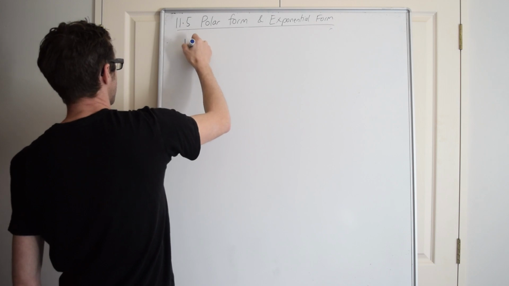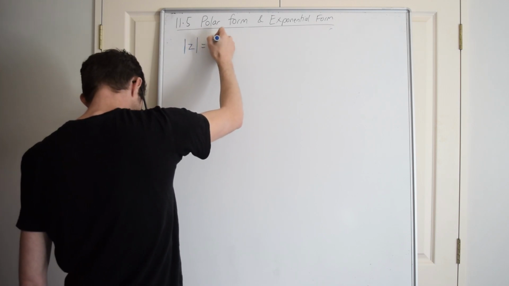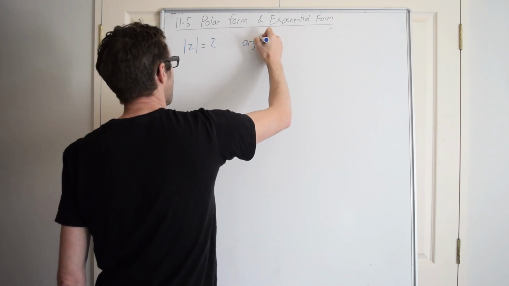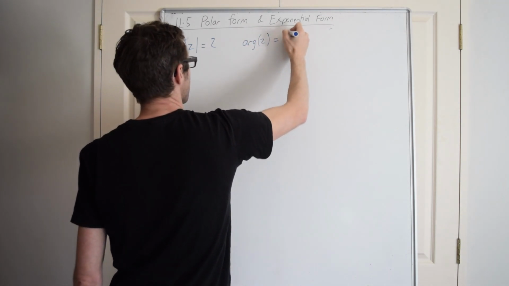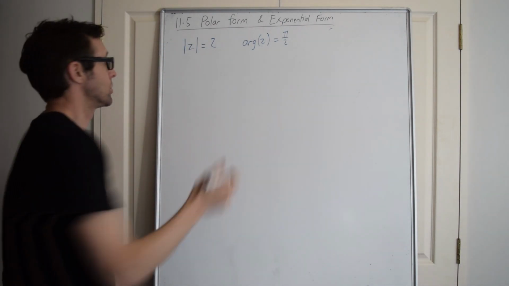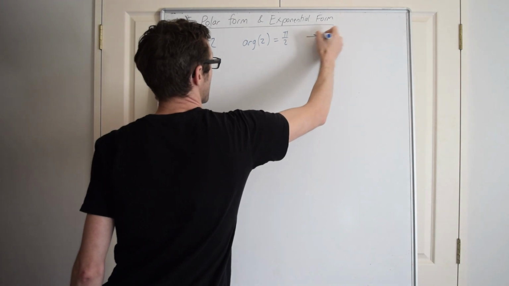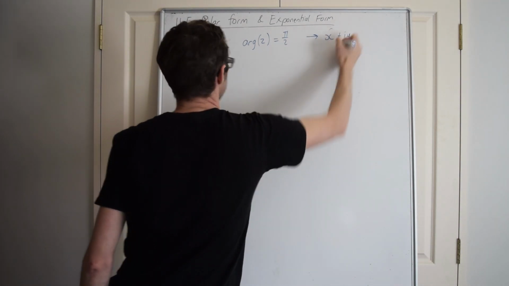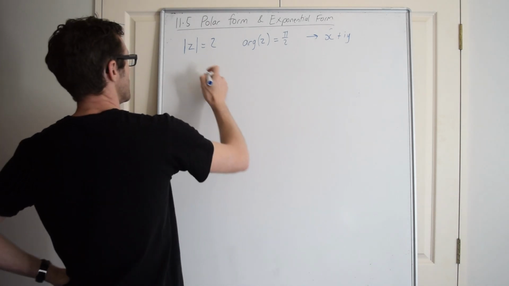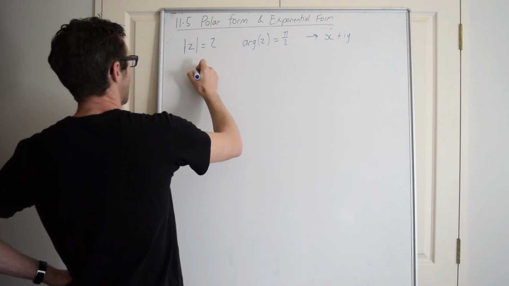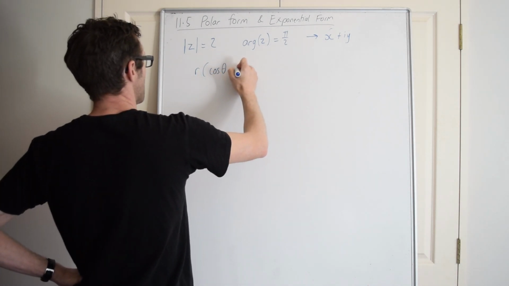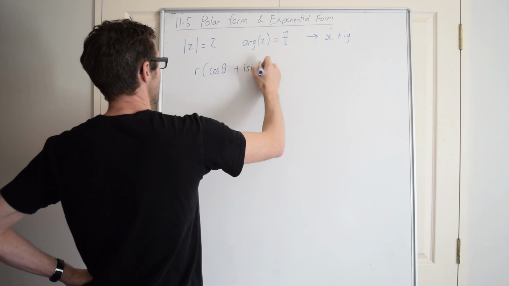The modulus of z is equal to 2, and the argument of z is equal to pi over 2, and we are being asked at this point to convert it into x plus iy form. Well, to do this, all we need to do is what I did in the previous question. We're going to go r into cosine theta plus i sine theta.